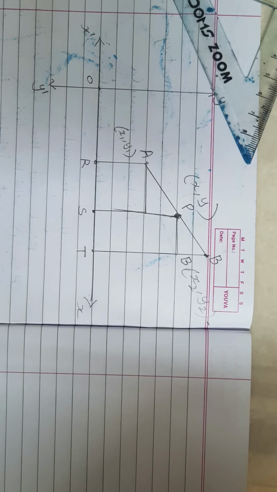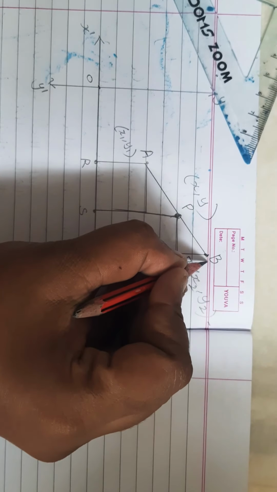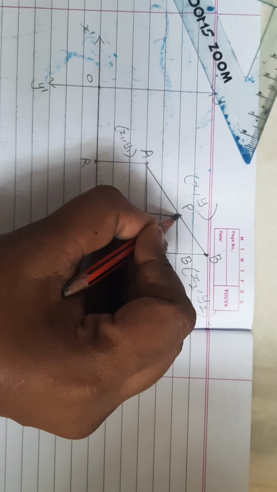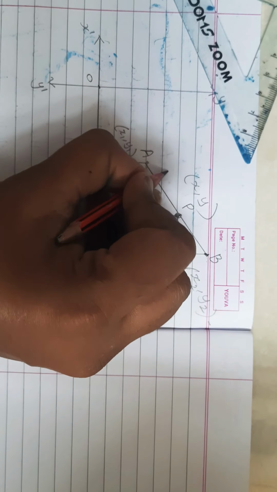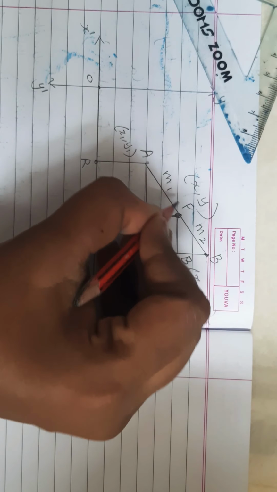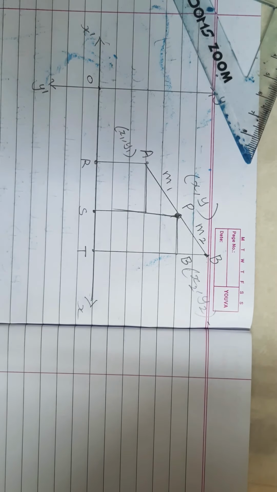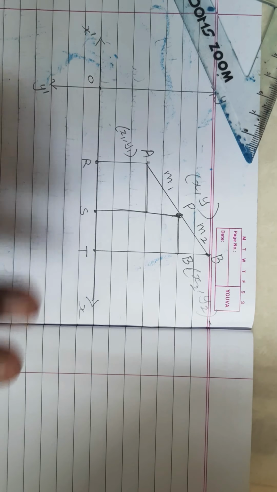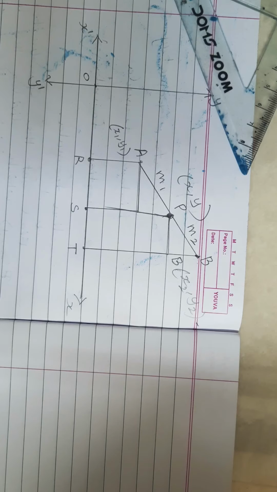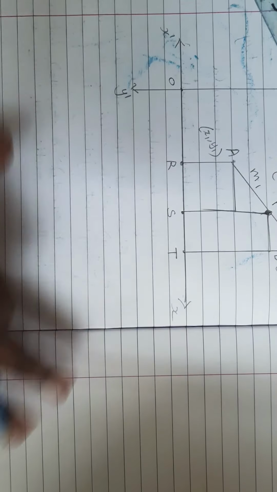How to use it? AB is one line. In between, one point is intersecting, so you can use the ratio m1 is to m2 to find out that point. Correct? So we use the point to find out the concept.